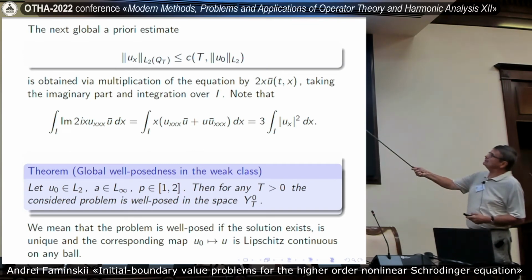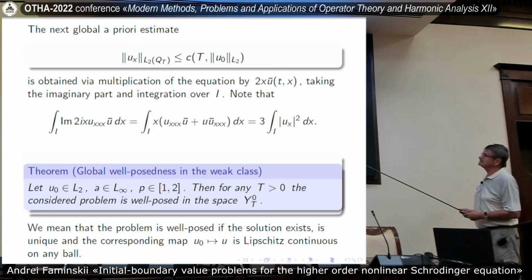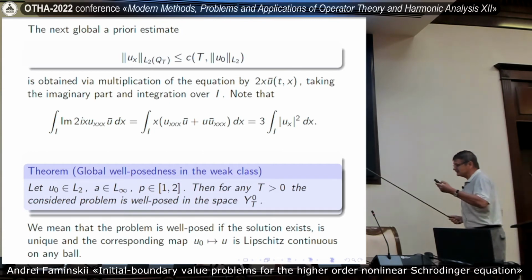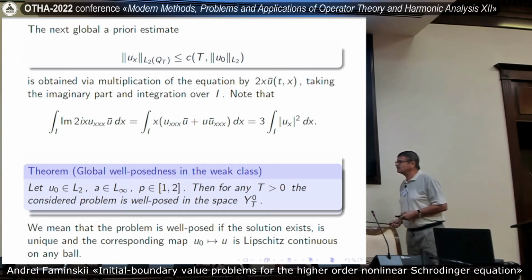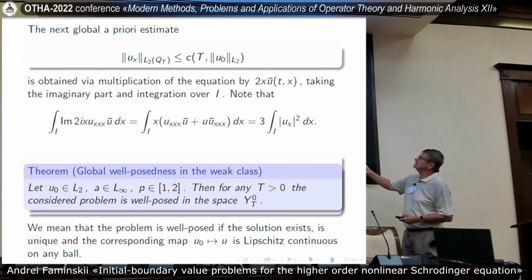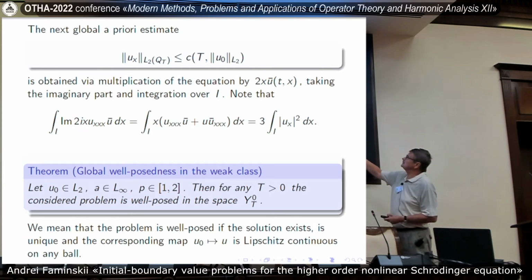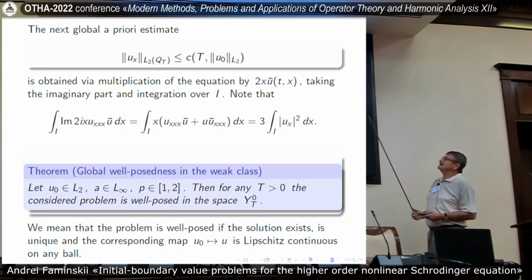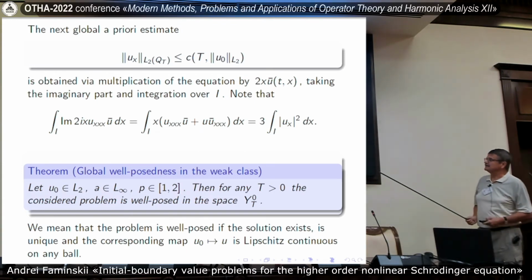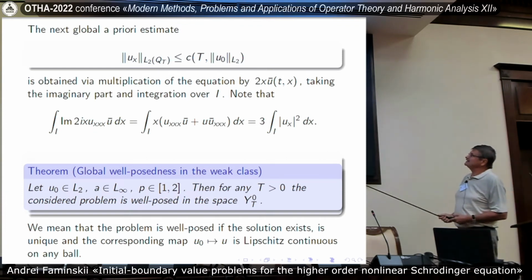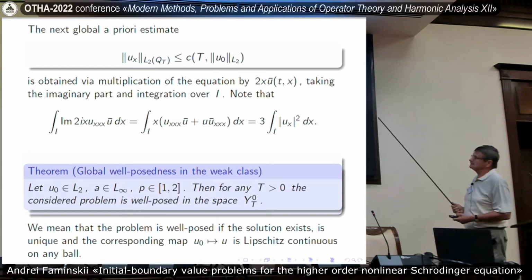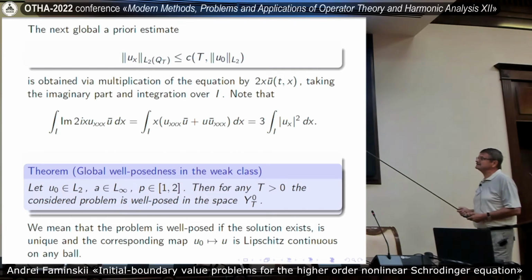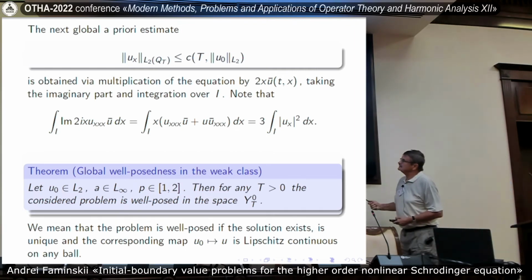The next global a priori estimate, as in the case of the initial value problem, is obtained by multiplying the equation not only by 2u bar, but also by the following auxiliary factor, which can be chosen in a simple form, or simply x.